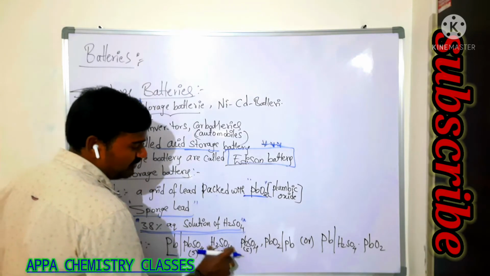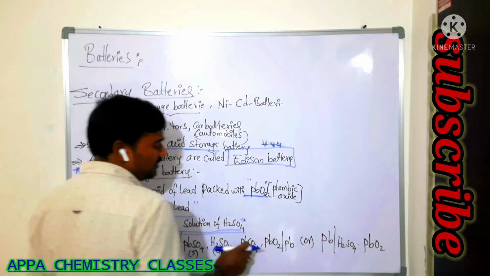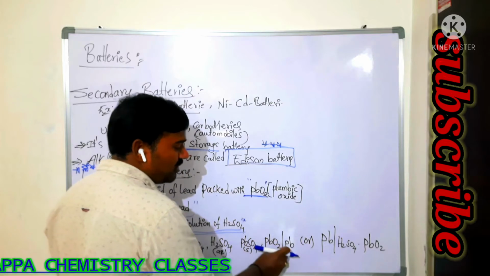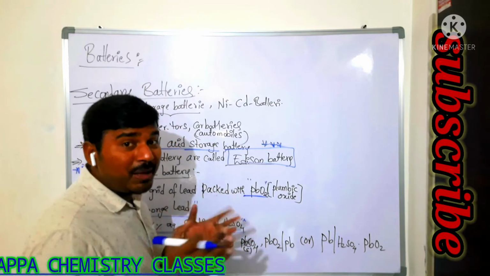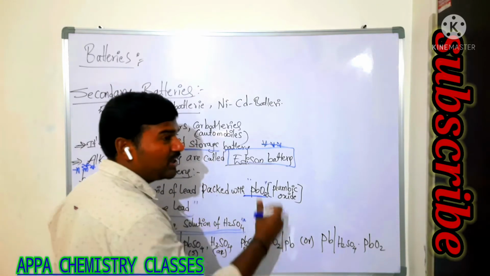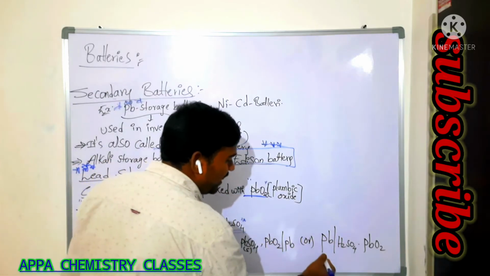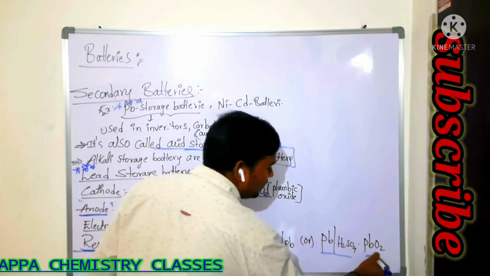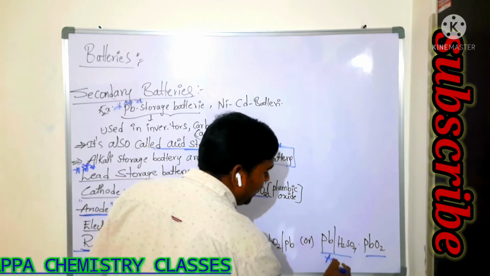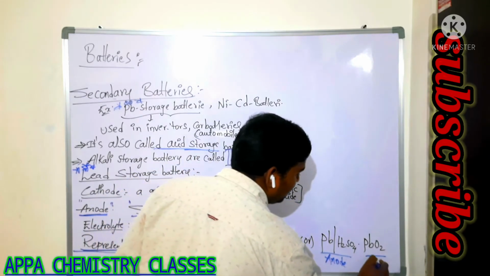The aqueous sulfuric acid is the electrolyte. This lead sulfate is also in contact with the grid of plumbic oxide, which will act as the cathode, present on the right hand side. So simply, this is the anodic part and this is the cathodic part.